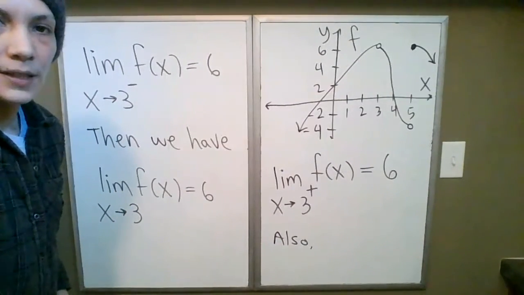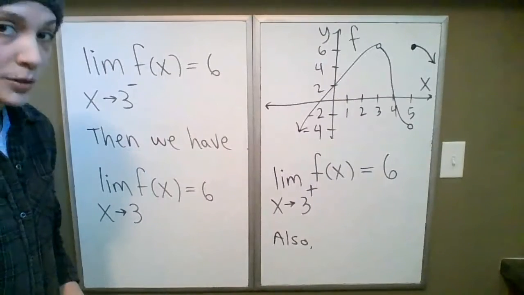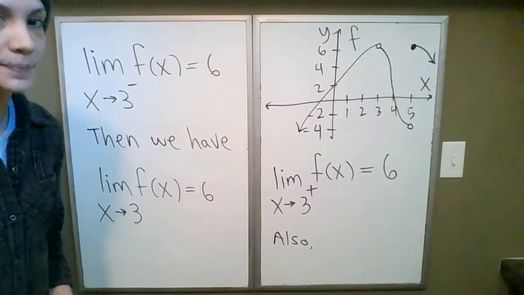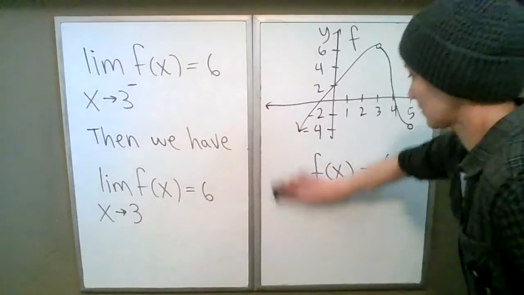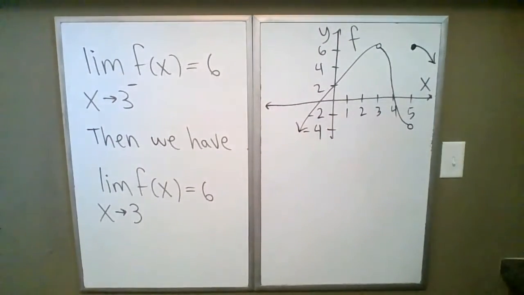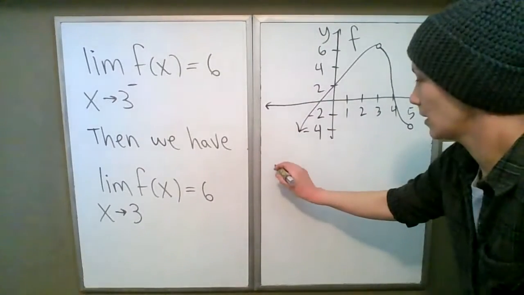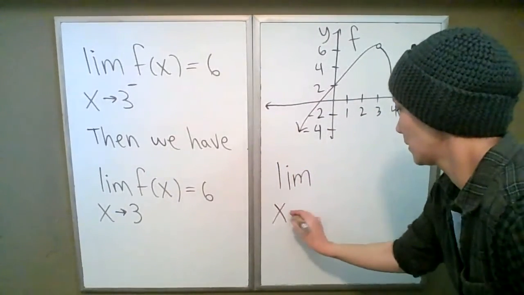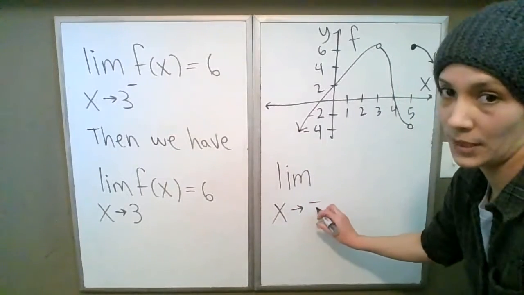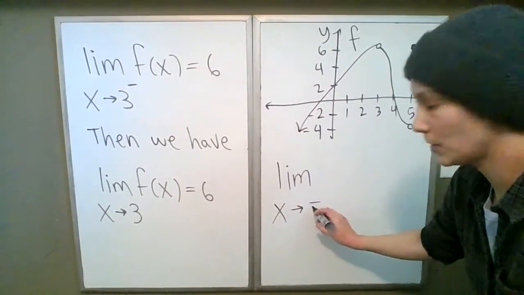Okay. Let's do the limit as x approaches 5 from the right. Somebody want to share what you think it is?